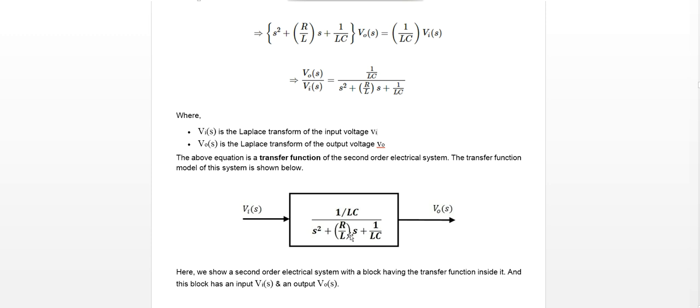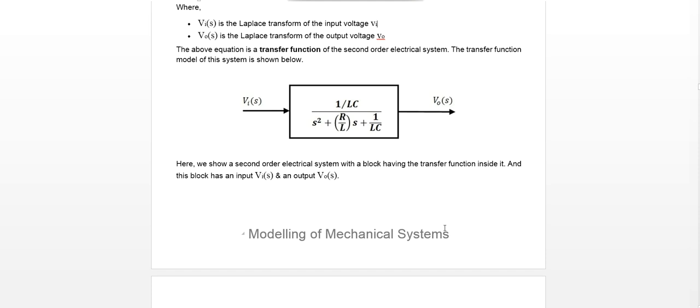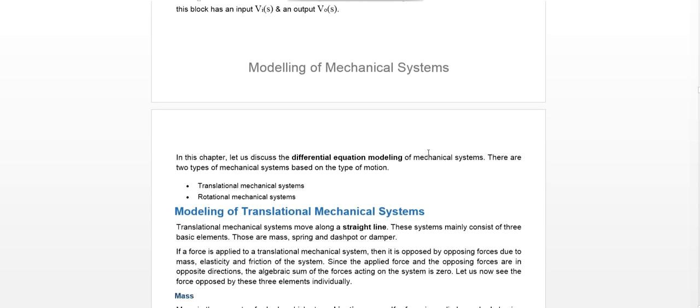So the transfer function is 1 over LC divided by s squared plus R over L times s plus 1 over LC. So here we show a second order electrical system with the block having the same transfer function, and the block has an input Vi(s) and an output Vo(s).